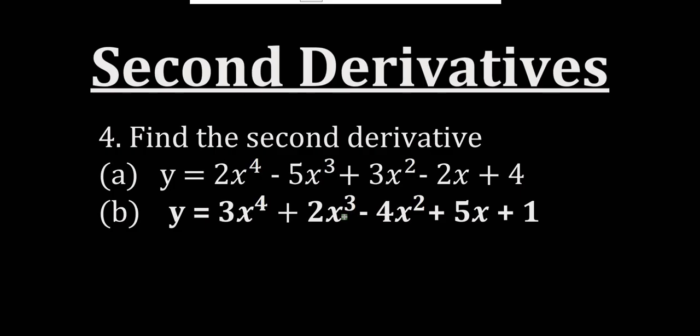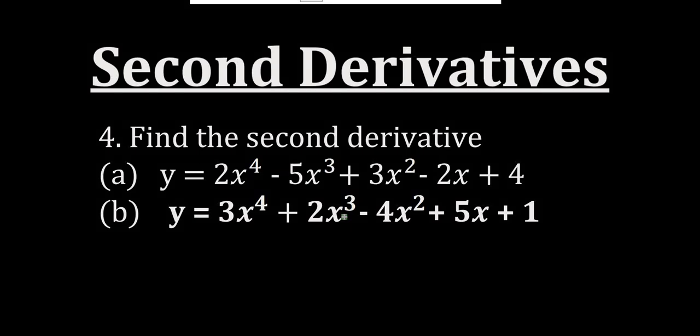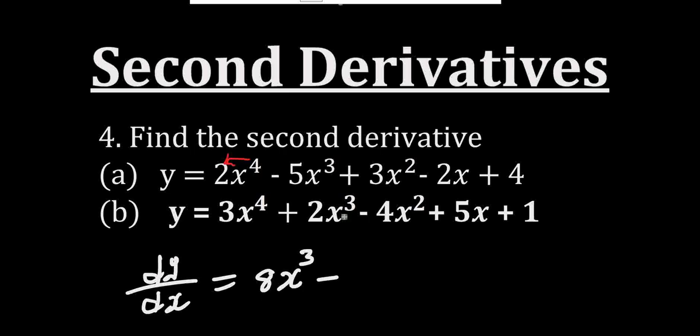All right, so in this part, we'll be required to find the second derivatives. So we have a question, find the second derivative. And as usual, first of all, we write this as dy/dx equals. You use this 4 to multiply 2, that's going to give you 8x, reduce 4 by 1, that gives you 3, minus 3 times 5, and that is 15.